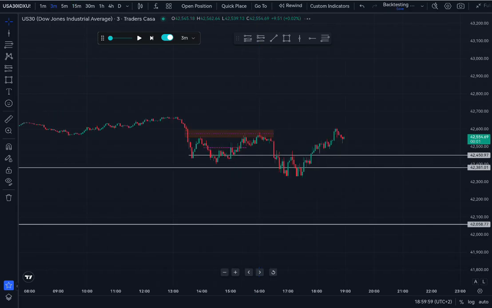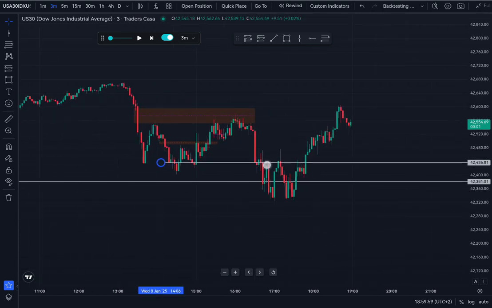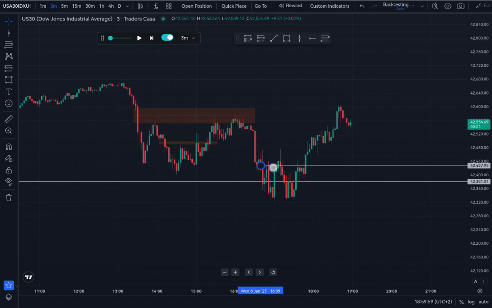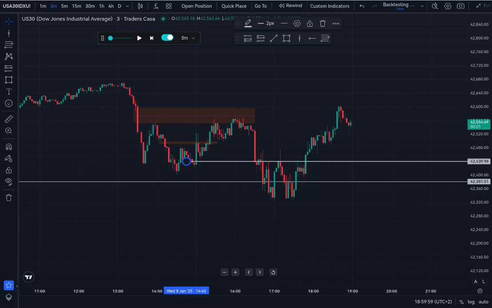Like the moment price pushed all the way back down here, I could have already taken my stop and put it at this high and then at this high. And then when price pushed all the way back up here, I would have been stopped out and yet in profit. That was proper.